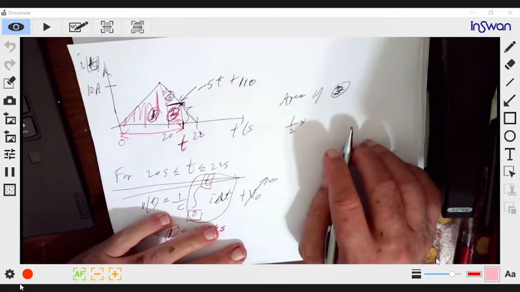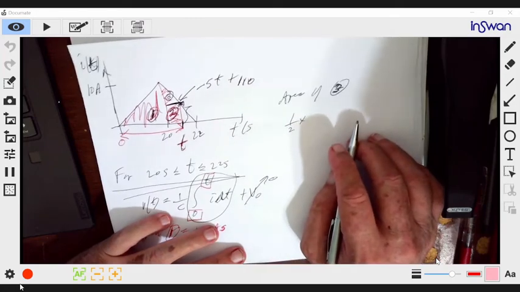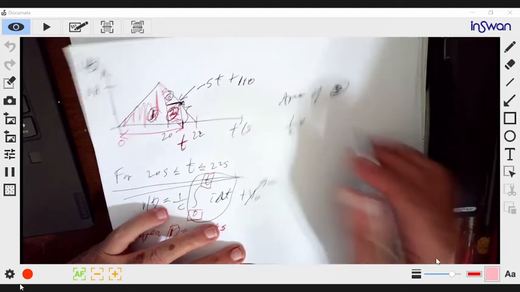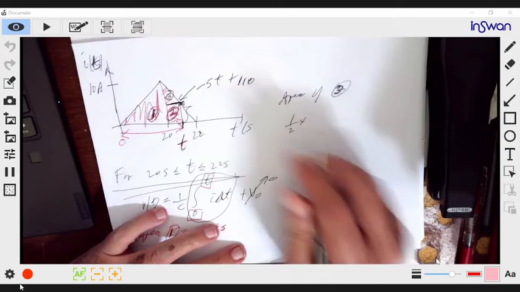You don't know the height? No, because out of line, draw a straight cross height. So you don't know the height of this triangle. That's what you're telling me?